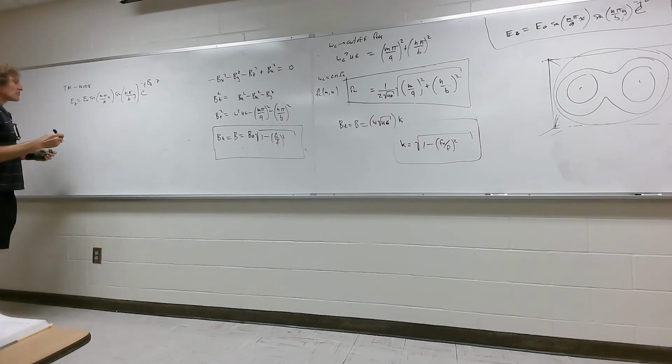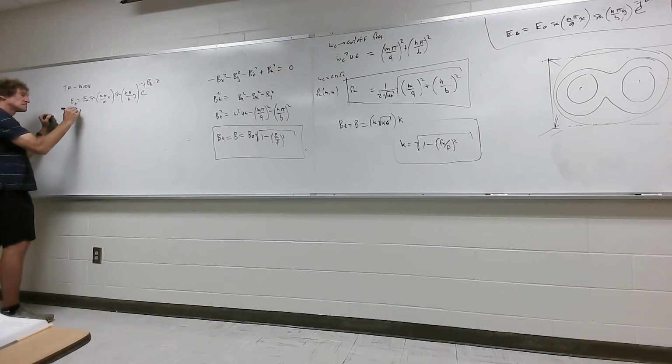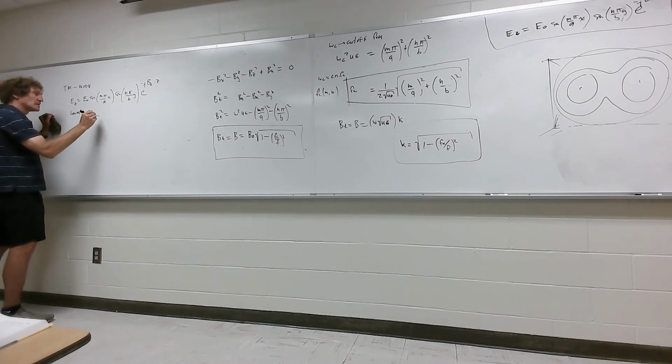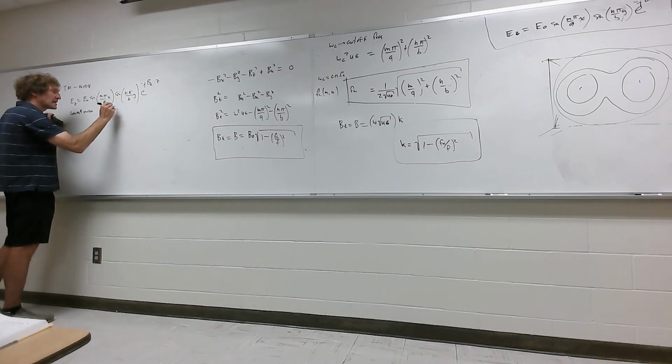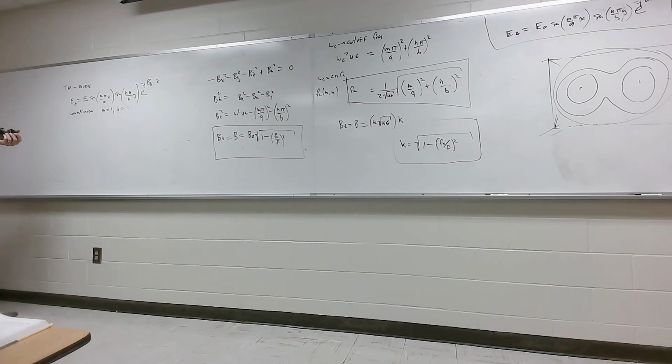Now that's for a forward propagating wave. That's the first, it's important. Lowest mode is m equal 1, n equal 1. Has to be at least that or greater. M and n both have to be at least 1.